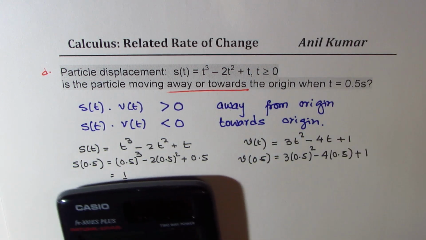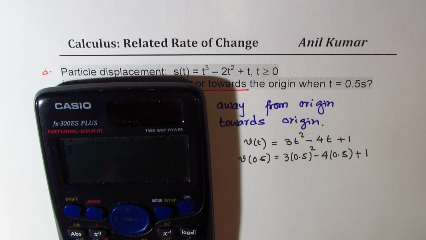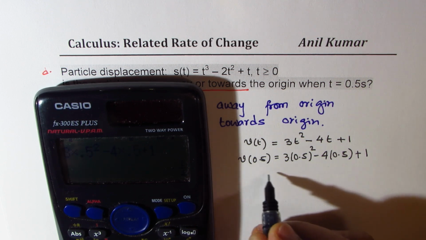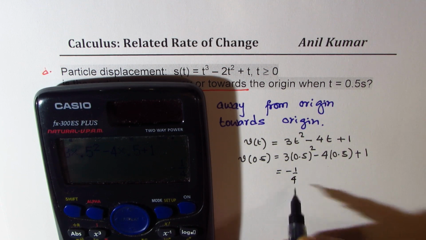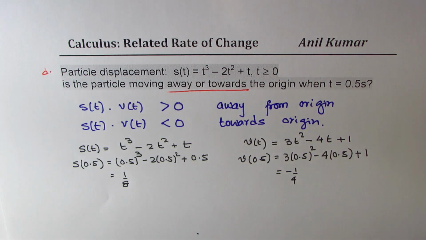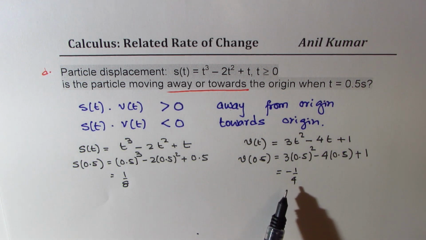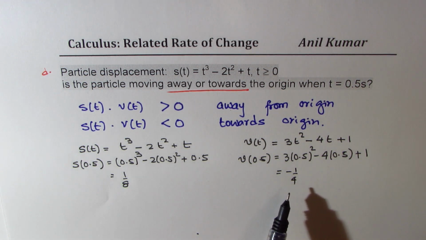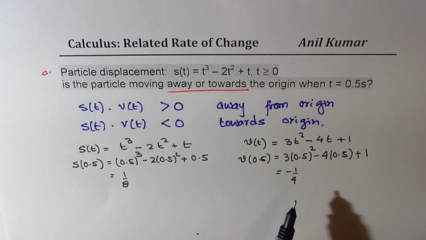On the other hand, for velocity, we have 3 times 0.5 square minus 4 times 0.5 plus 1, and this is equal to minus 1/4, right? So the velocity is negative 1/4 at t equals 0.5 seconds.